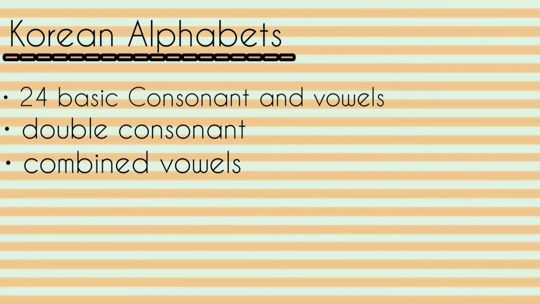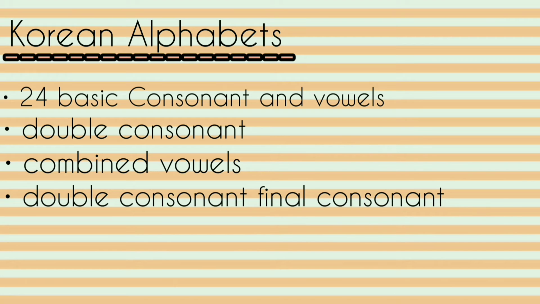If you want to read Korean, you obviously have to learn those too. There is also another complicated concept about the final consonant, the consonant that comes at the end of a word, but that doesn't have any specific name. We can just say that it is a final consonant consisting of a double consonant.